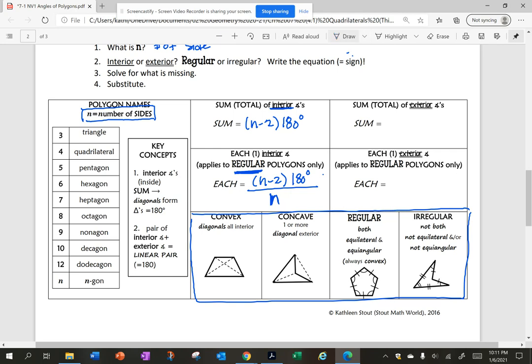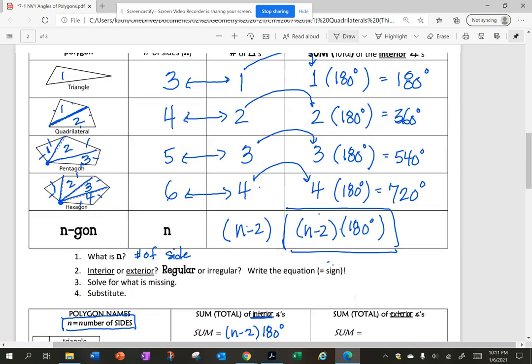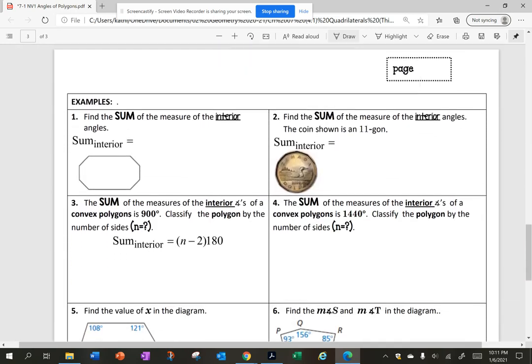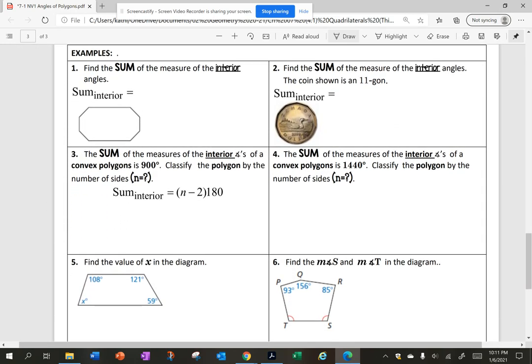So let's do a couple examples here. Okay, find the sum of the measure of the interior angle. So I'm talking about interior, so on the inside. So the equation is sum equals n minus 2 times 180 degrees.